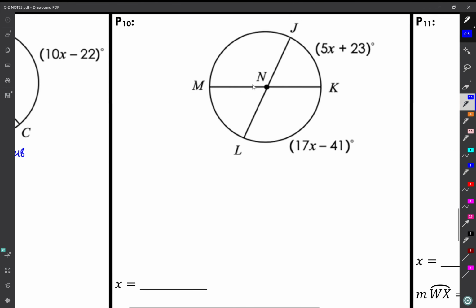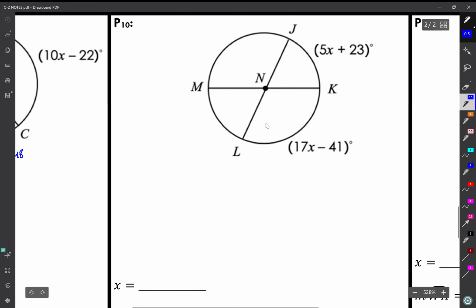Next, number 10. So notice these two arcs together, they are supplementary. So we'll add them up, set them equal to 180. So 17x minus 41 plus 5x plus 23 equals 180 degrees. Okay, so let's simplify.